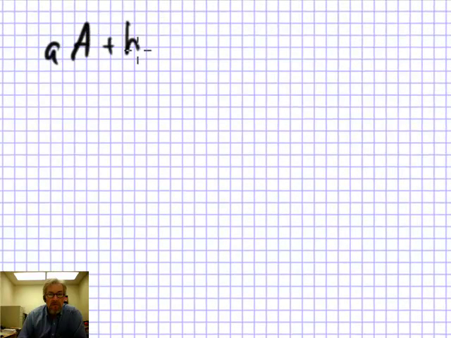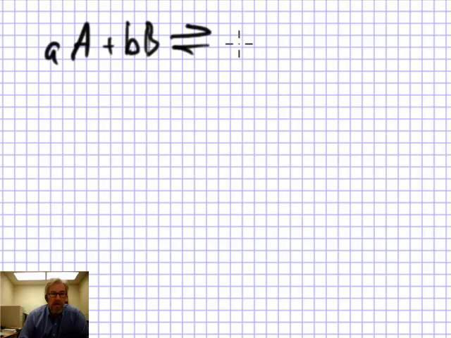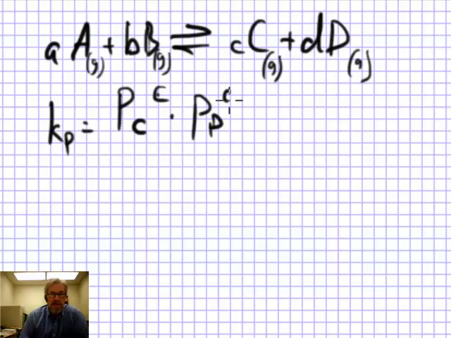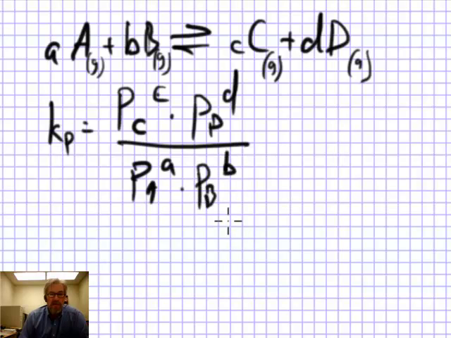So for our generic reaction, where a moles of A and b moles of B react reversibly to make c moles of C and d moles of D, we know that our Kp, if these are all gases, all of these have to be gases for this to work, Kp would be partial pressure of C to the c times partial pressure of D raised to the d over partial pressure of A to the a times partial pressure of B raised to the b.